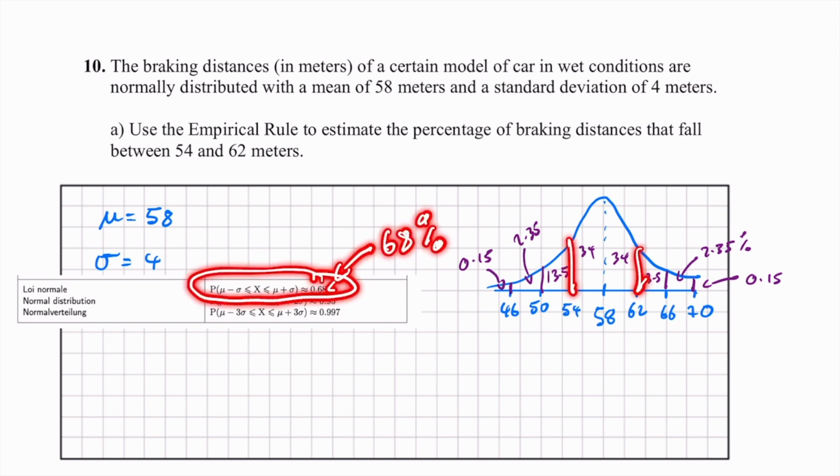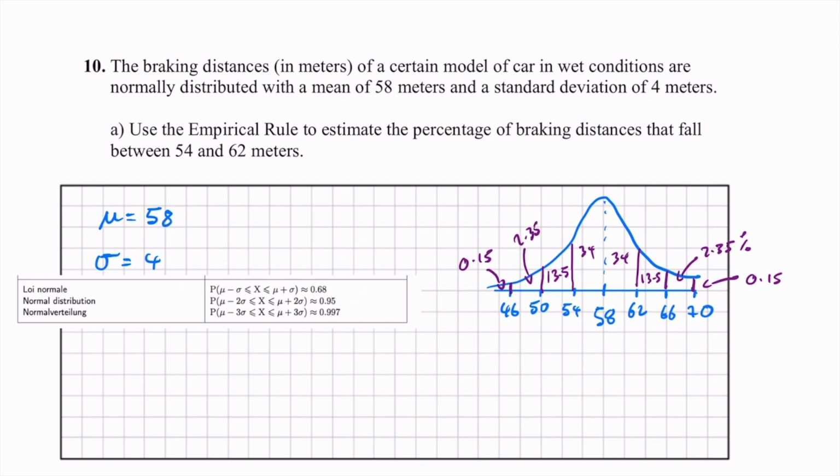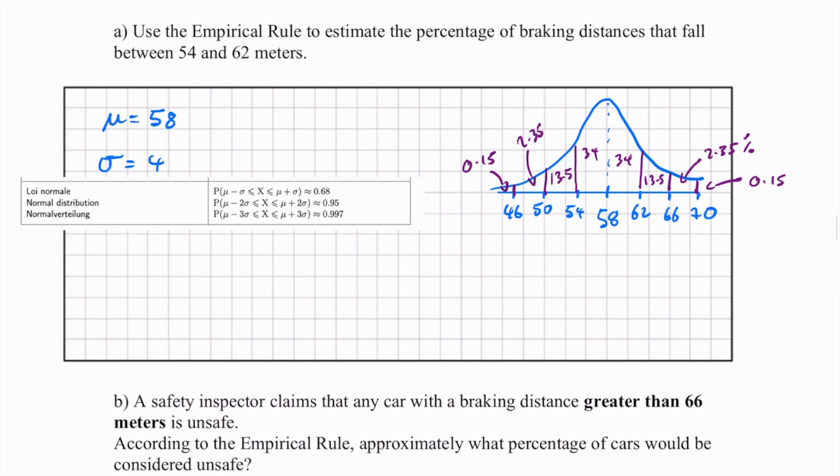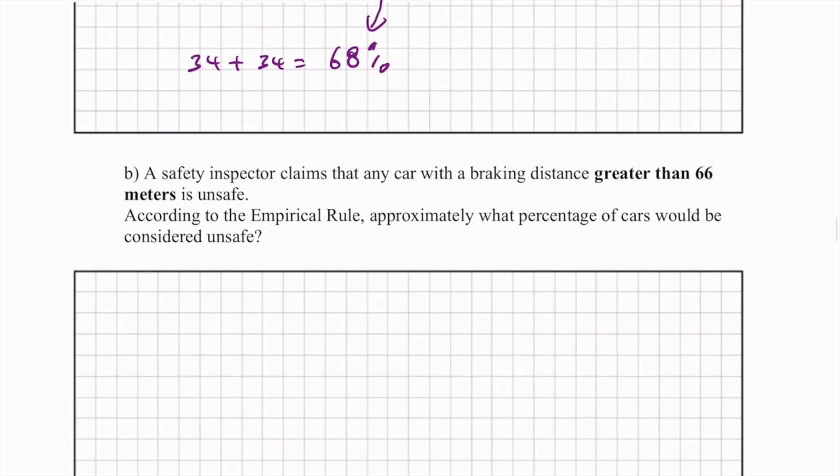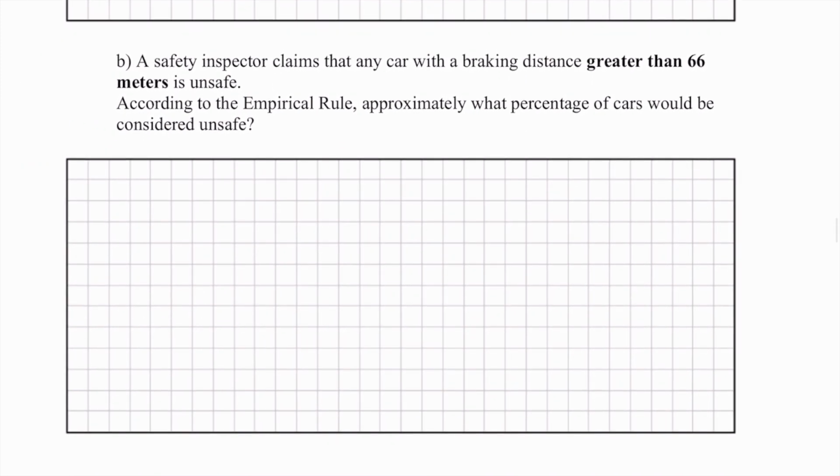So we can use this either way. So we want to know the percentage, and it's 68%. Two different ways. You can either add 34 plus the 34, or you can just look here and get it. 68.